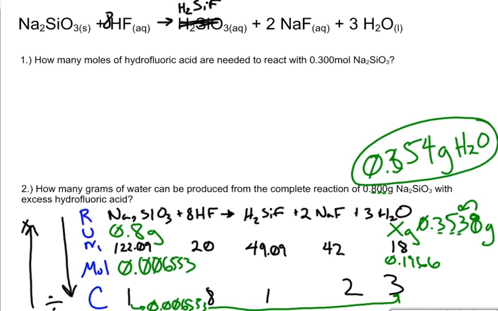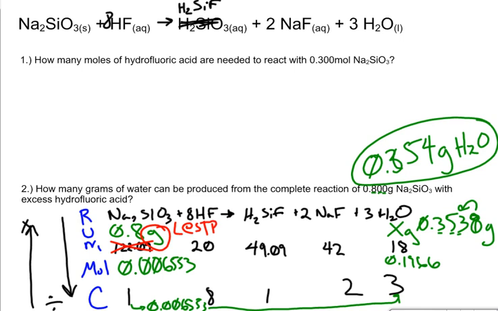Now, important things to remember with this table. If you are not working with grams, you will use a different number here for molar mass. Say you had liters at STP.